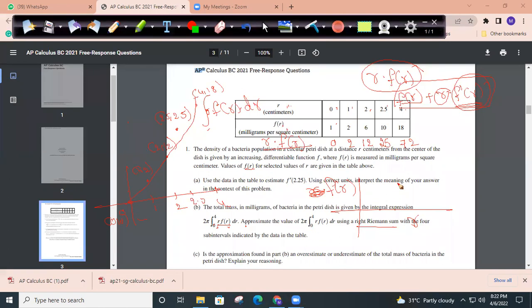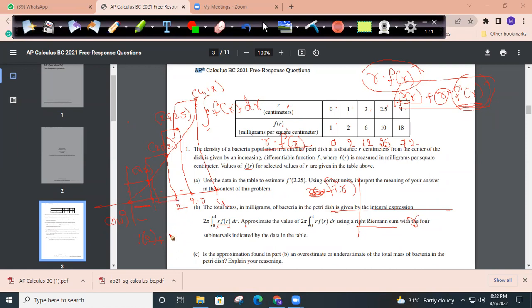Leave that. So now let me do the Riemann sum for this question using the right Riemann sum. So this is one triangle, this is another triangle, this is another triangle, this is another triangle. I divide into 4 subintervals. What is my width here? 1. What is my height here? 2. 1 into 2.